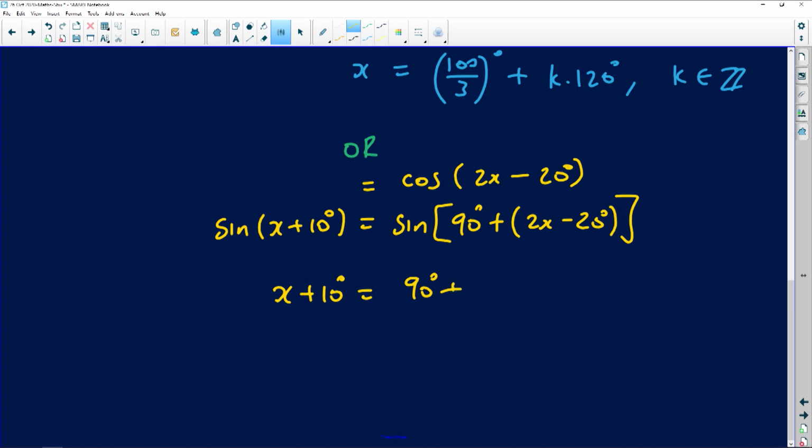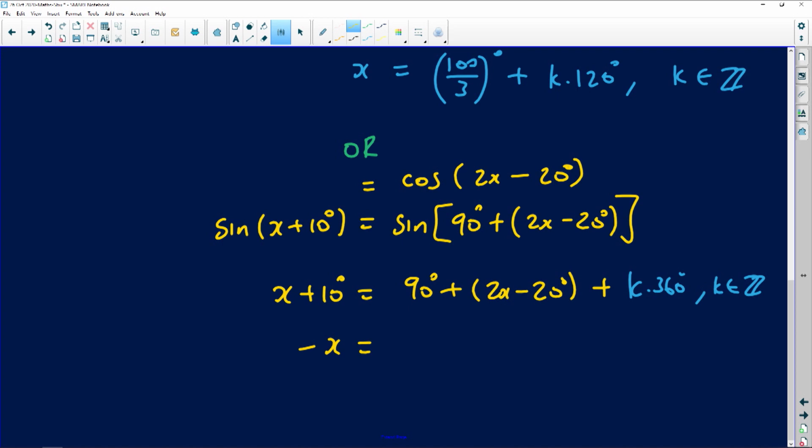So there is 90 degrees plus, okay, 2x minus 20 degrees. Immediately, once you get here, because they said general, add that 360 part. Remember, k is an element of integers, okay? Then you just simplify and then you're going to get your answer finally. When I subtract 2x on both sides of the equation, I'll get minus x on the left-hand side. And then that's 10 degrees. If you do 90 minus 20, it's going to be 70.